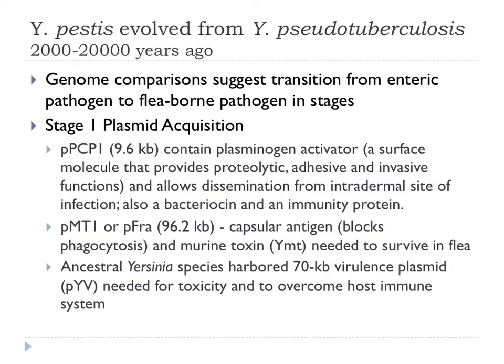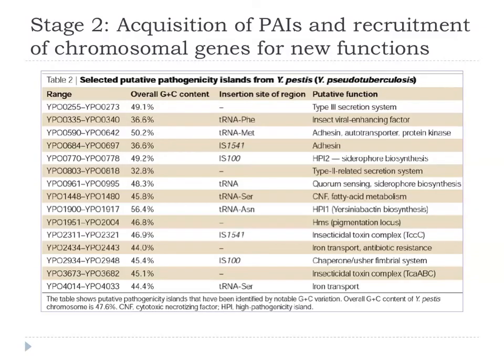Capsular antigen, which blocks phagocytosis, encoded on another plasmid, and a murine toxin needed to survive in the flea. And the ancestral Yersinia species already had one plasmid in there, which helped to overcome the host immune system.